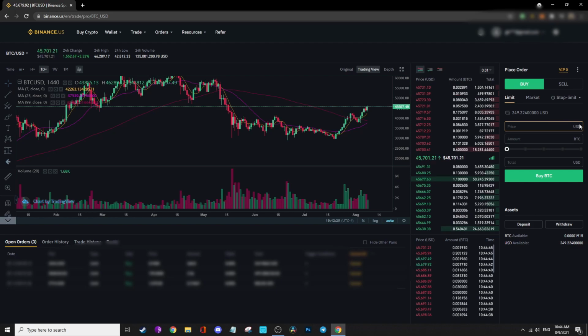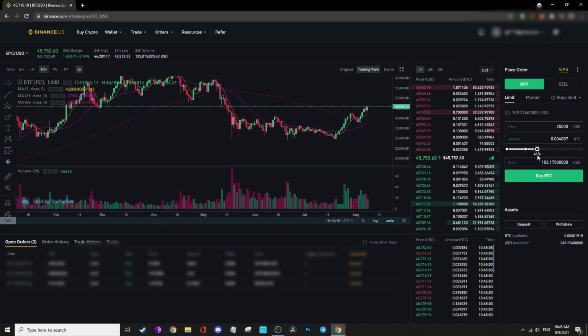Let's say you're extremely bearish on Bitcoin right now, and you think it's going to drop to about 25,000. So you could type in 25,000 USD, and then you can type in how much Bitcoin you want to buy, or if you don't know, you can use the slider here to guesstimate, and it'll automatically calculate how much dollar amount that's going to cost you.